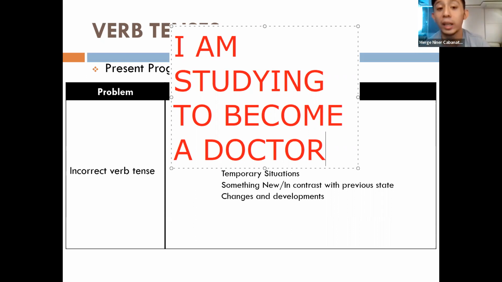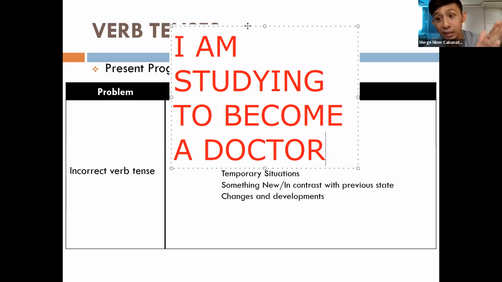Kasalukuyan kang nag-aaral bilang doktor. Kaya I am studying to become a doctor. A temporary situation, isang pangyayari na nagsimula some time ago, na nangyayari pa rin hanggang ngayon, na maaring itutuloy mo pa rin sa mga susunod pang panahon. That is the present progressive.